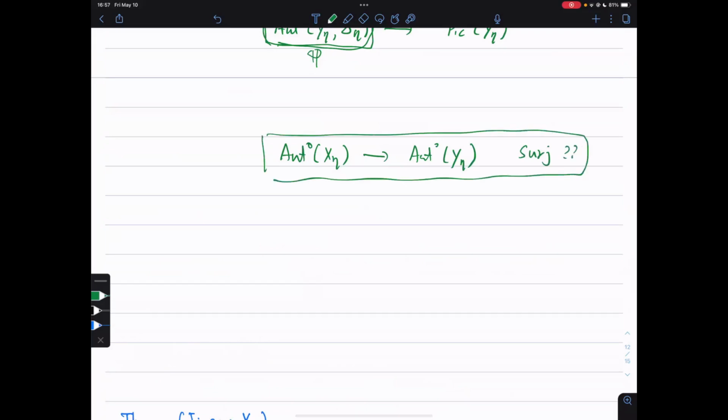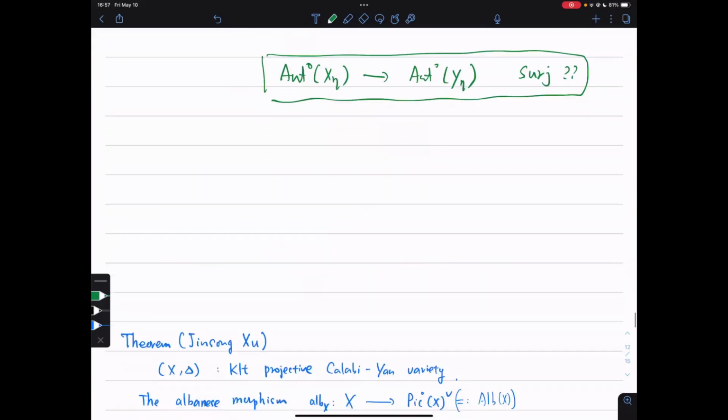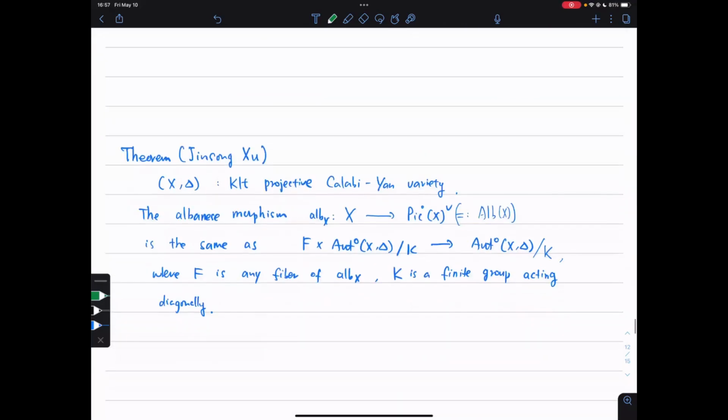In order to do this lifting, we need to use the following result of Jinsong Xu. Let me just quickly recall it. I think it itself is a very nice result. For a Calabi-Yau fiber space, we consider the Albanese map. The Albanese variety is just the dual of Pic zero.